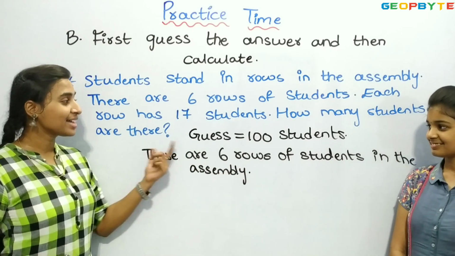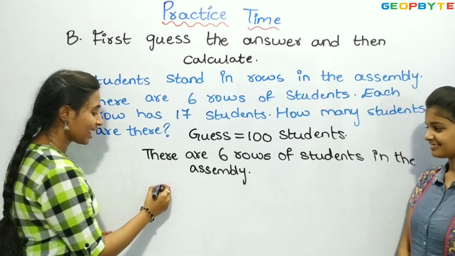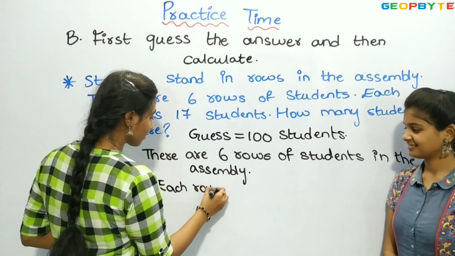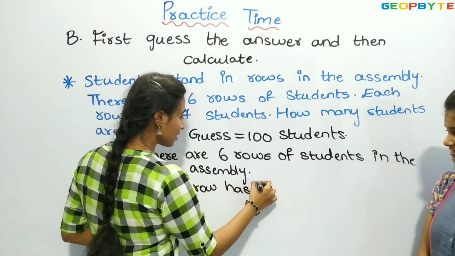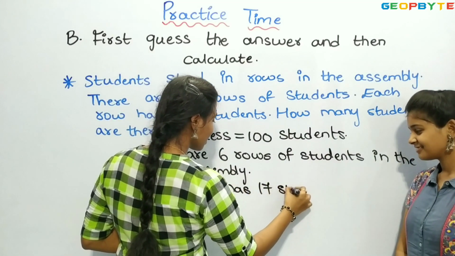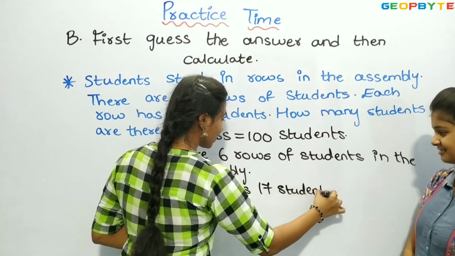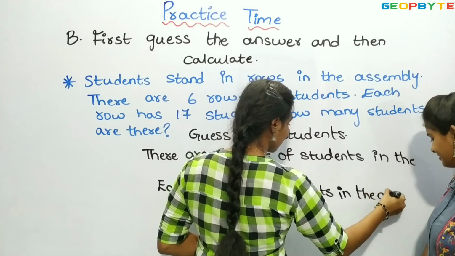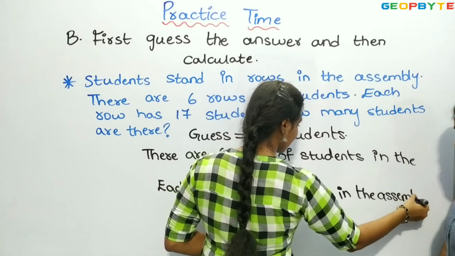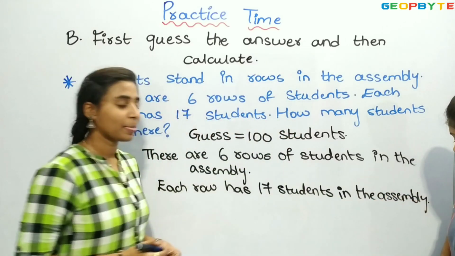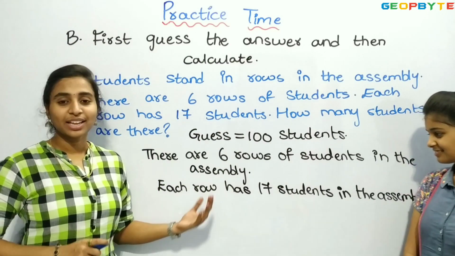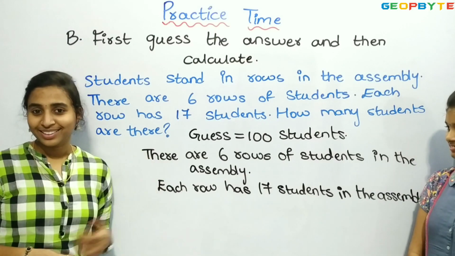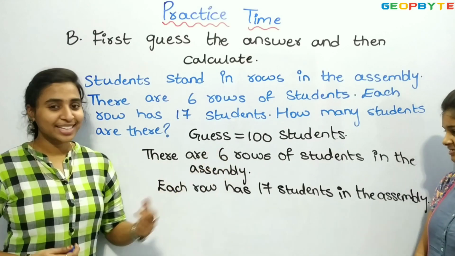Each row has 17 students, right? So children, this is the given information. We need to find out how many students are there in total in 6 rows.